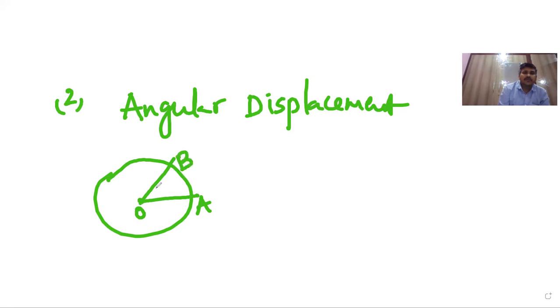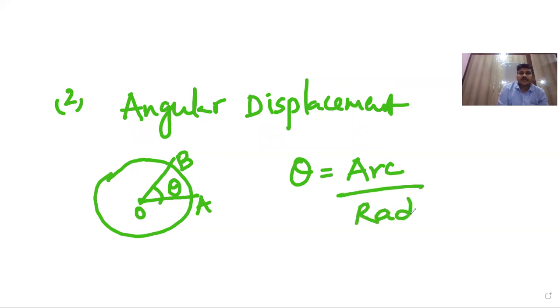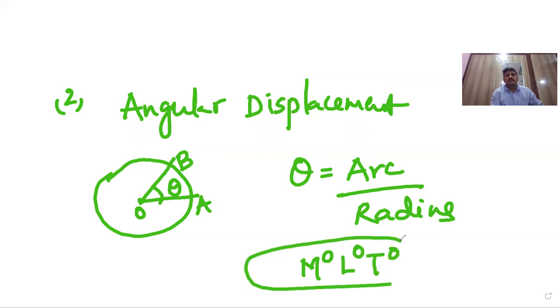It is moving from A to B. This is theta. Theta is the angular displacement. Theta is equal to arc length by radius. Clear? Arc length by radius, both have the same dimension lengthwise. So finally it becomes M to the power of 0, L to the power of 0, T to the power of 0 as the dimensional formula.